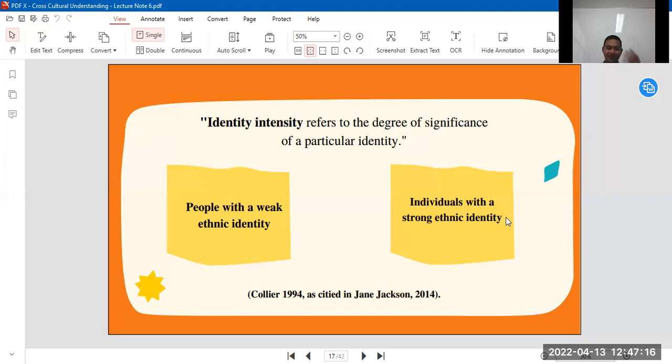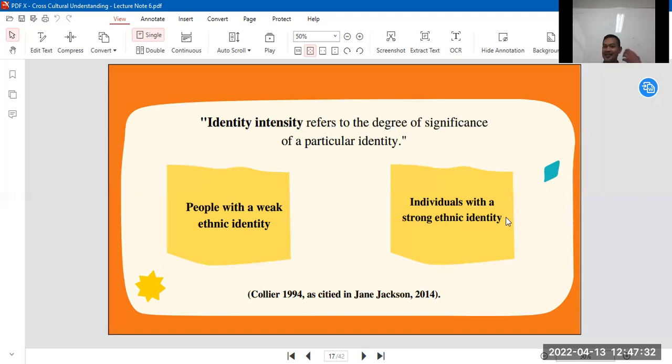They're confident enough with the difference they experience. Yeah, that's the people with a weak ethnic identity and individuals with a strong ethnic identity.